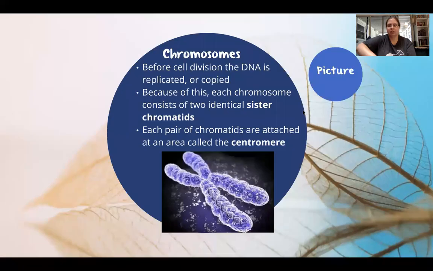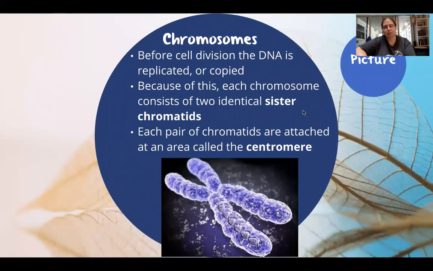All right, let's talk a little bit about the chromosomes. So, chromosomes we've already talked about. That is a form the DNA can take, and it's a form that allows it to easily divide itself up and separate itself for division. So before cell division can occur, we replicate the DNA, we make a copy of it, and when it goes from the chromatin form to the chromosome form, what you actually have are two identical sister chromatids.